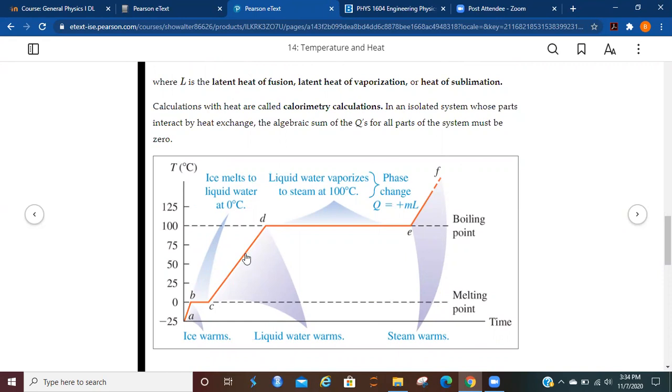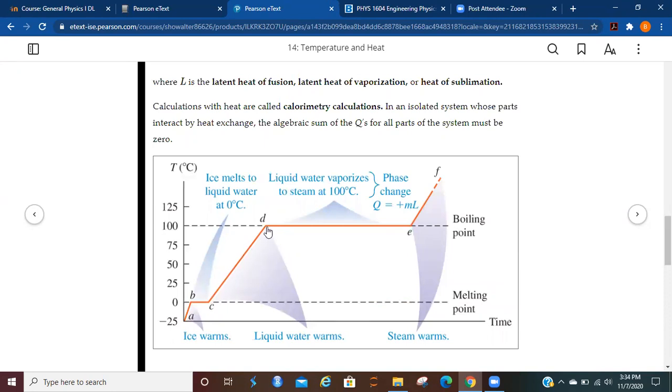So this particular graph is going to show you the temperature and time. What you're going to see here is if you have ice that is warming and eventually gets to 0 degrees Celsius, it's going to remain at that temperature until all of it has transitioned into water.